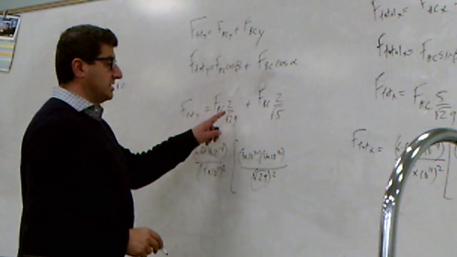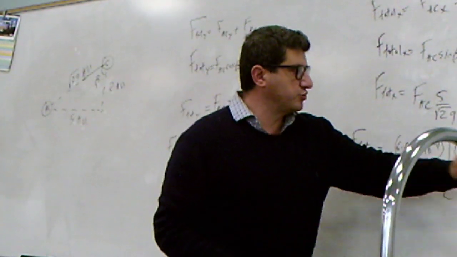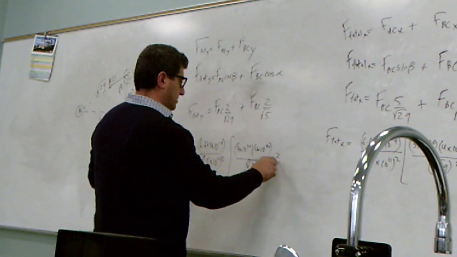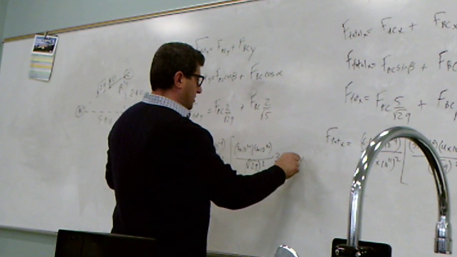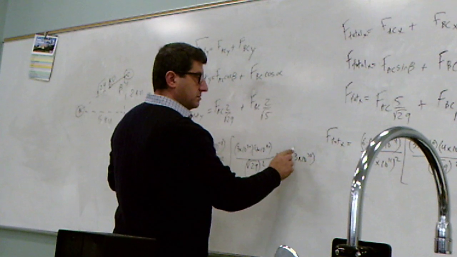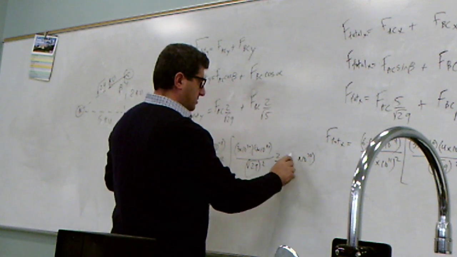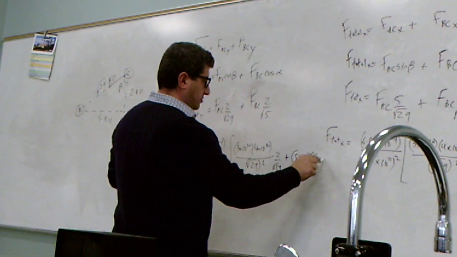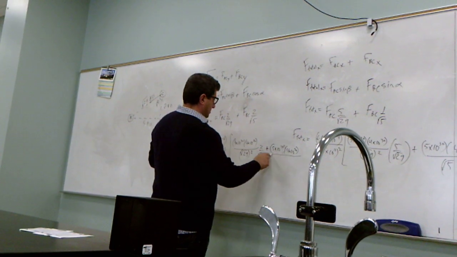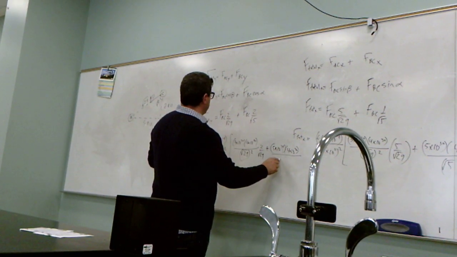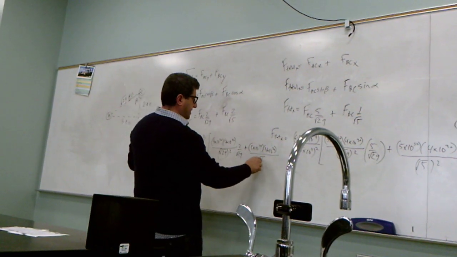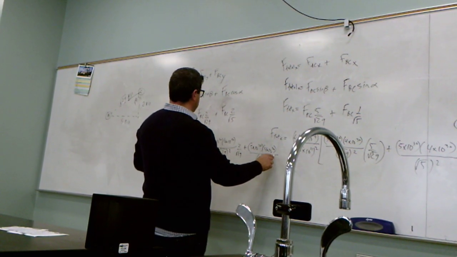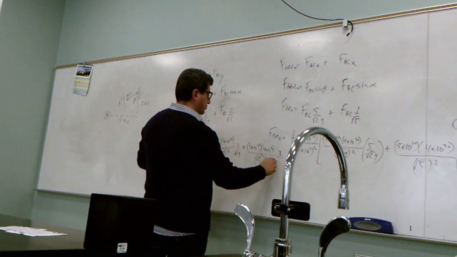So here the only thing different is that instead of 5 over root 29, it's 2 over root 29, plus 5 times 10 to the 30th, 4 times 10 to the 30th, over square root of 5 squared times 2 over root 5.